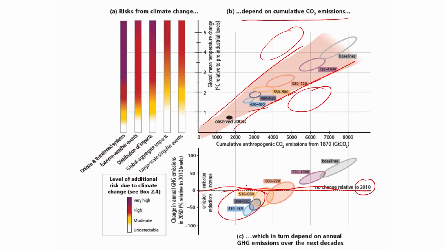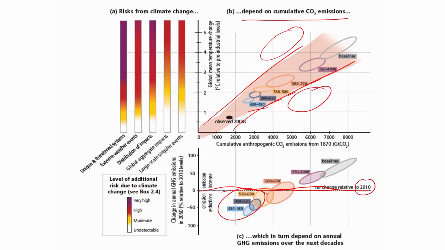We are at 400. You will spike, and then you have to somehow come down by either taking out carbon from the air, as we will see. It's called CCS, or carbon dioxide capture and removal, or renewable energies become so dominant that they will just begin to flatten out the emissions and so on.